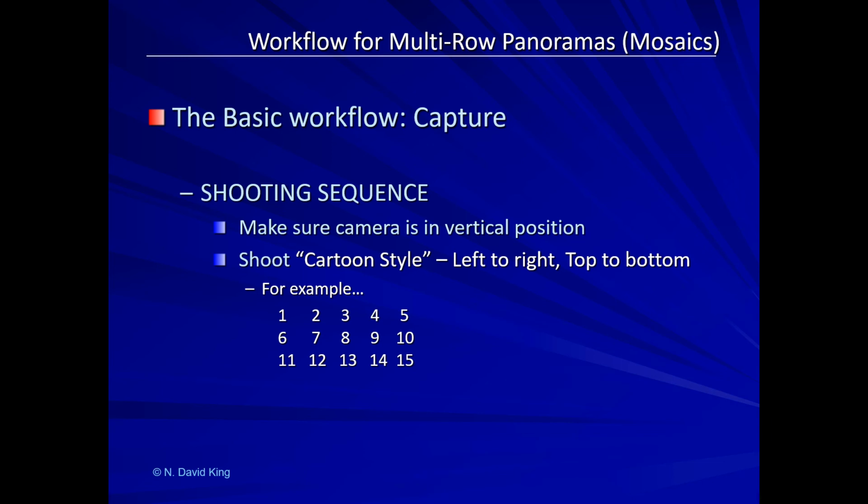Bring the camera back to position 1, lower it to pick up position 6, and now do another row, 6, 7, 8, 9, 10. Bring it back to position 6, lower it for shot 11, and now do 11, 12, 13, 14, 15. And you're done. That would be all there is to it.